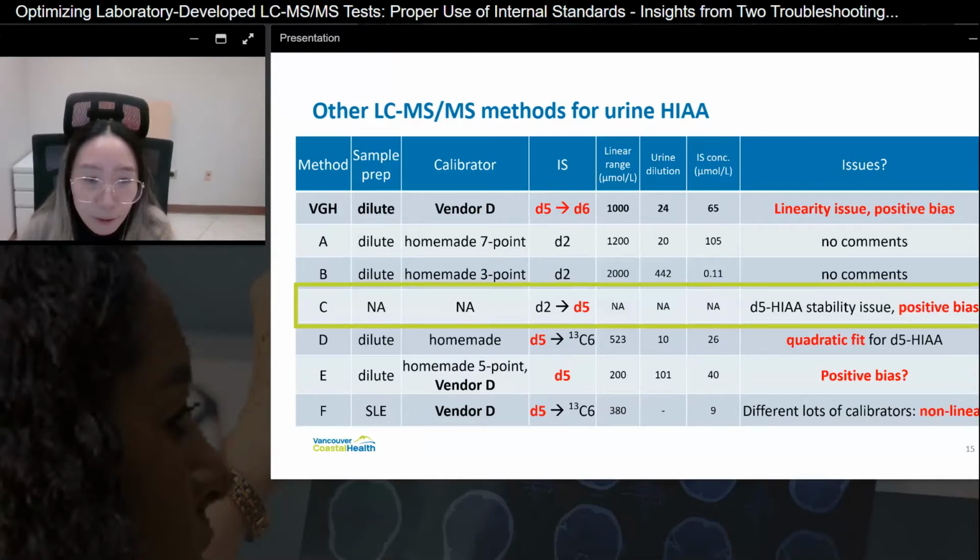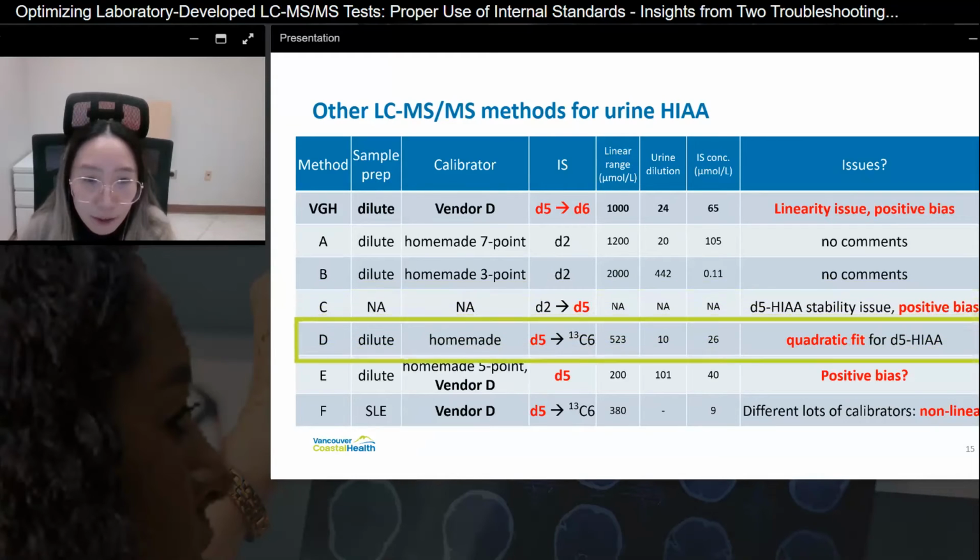And for method D, they observed a quadratic fit in the analytical range they reported when they used D5 internal standard. The deviation from linearity was about 16%. They attributed the nonlinear behavior to the retention time difference between the analyte and the internal standard.